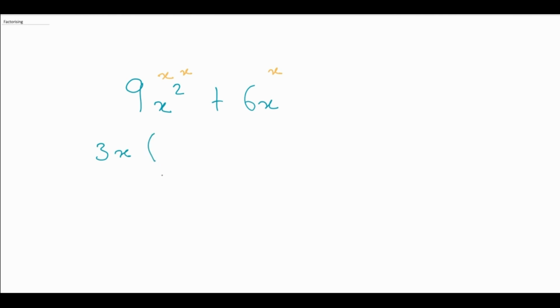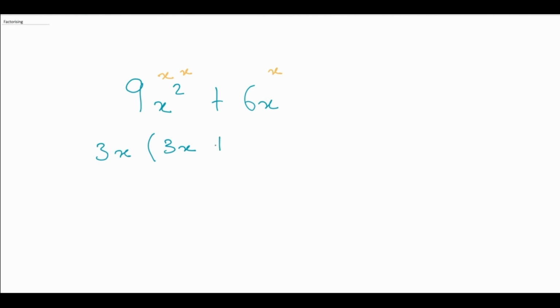The next thing to ask is, what do I need to do to ensure that 3x multiplies by something to give me 9x squared? So 3x times 3x will give me 9x squared. So we put in 3x over here. The next bit is having a look at 3x times what gives me 6x.